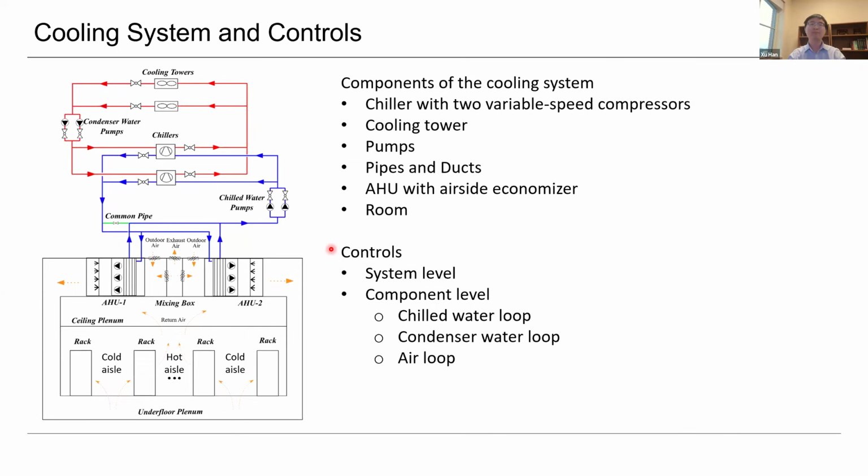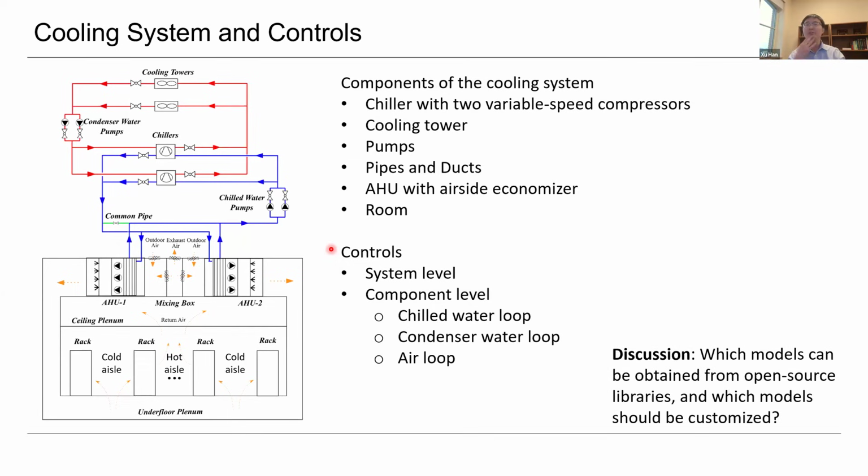So the controls. Here, you can think about what models can be obtained from the open source library, like the Modelica Buildings library, right? And which models should be customized. So here is the answer. Basically, at the time that we did the project, the chiller with two variable speed compressors was not available, and the AHU with air side economizer was also not available.